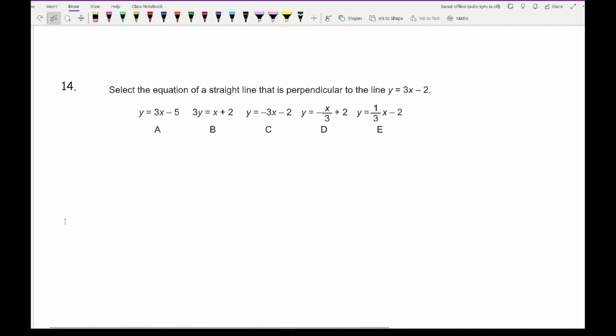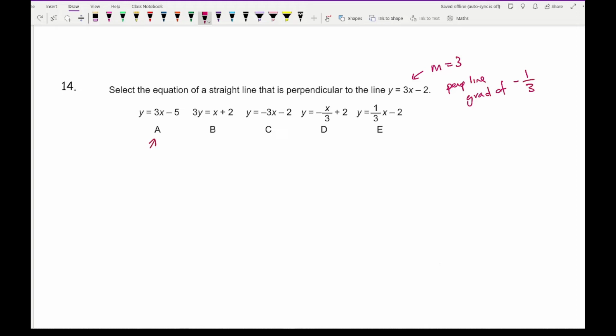Now moving on to question 14, it says select the equation of the straight line that's perpendicular to the line y equals 3x minus 2. So here the gradient is 3, so I'm looking for a perpendicular line gradient of minus 1 over 3. So which one of these equations has a gradient of minus 1 over 3?